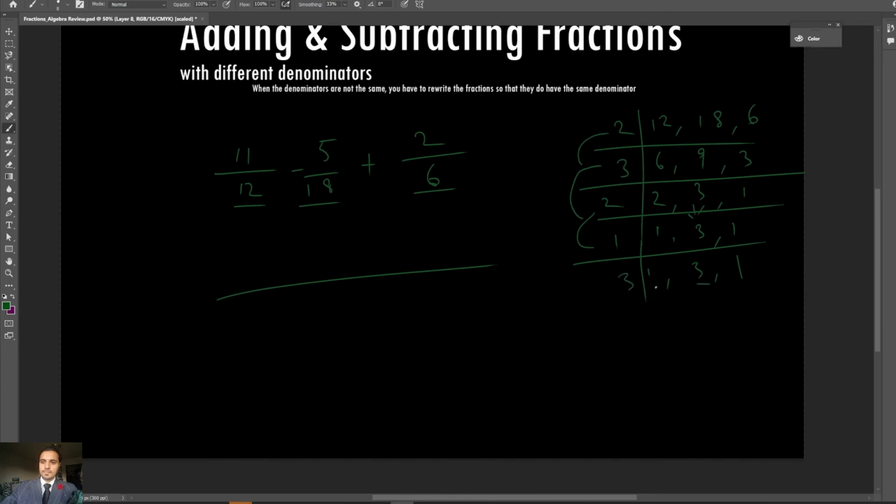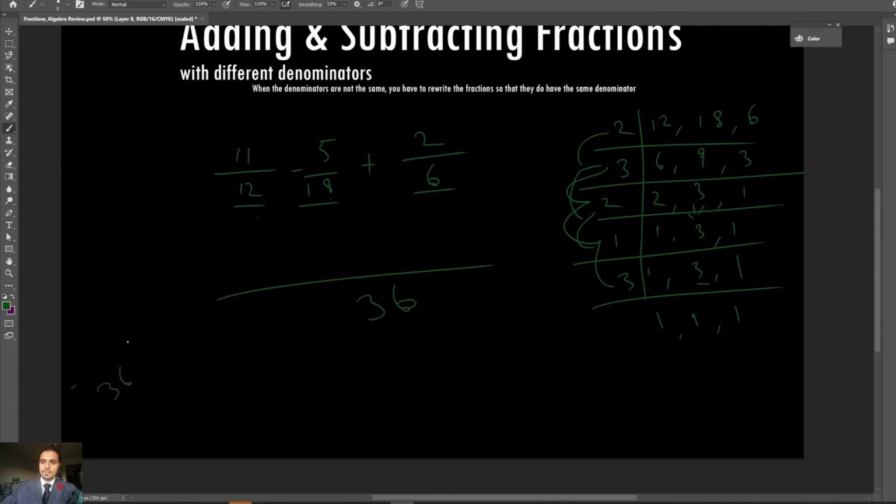So 1 will just come down as 1, 3 times 1 is 3. 3 times 1 is 3, 3 times 2 is 6, 6 times 3 is 18, 18 times 2 is 36. So 36 will be the least common multiple between 12, 18, and 6. You can check it also if you were to write all their multiples down, which is a long process. You don't have to do that. You can trust this process. Now we can just see how many times 12 goes on 36.